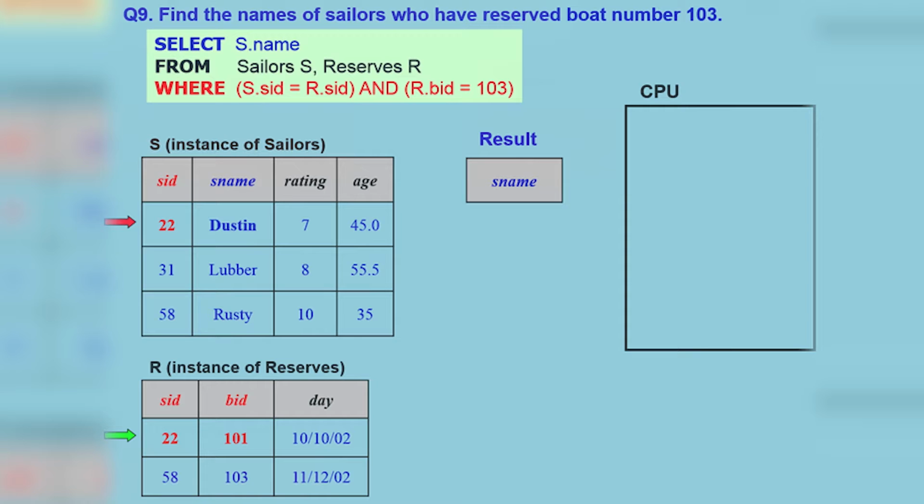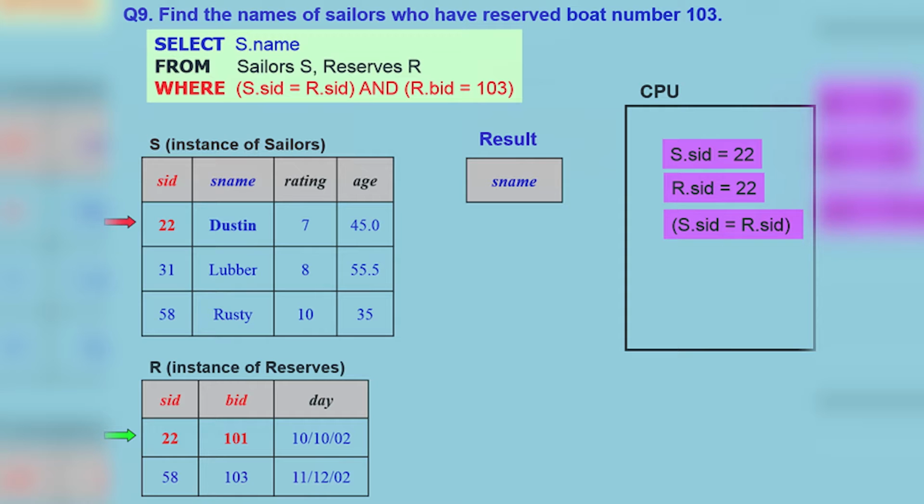Let's compare the first row of table S and the first row of table R. S.SID is equal to 22. R.SID is equal to 22. S.SID is equal to R.SID.